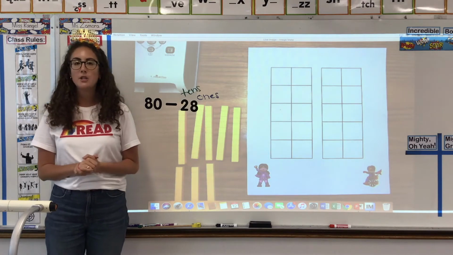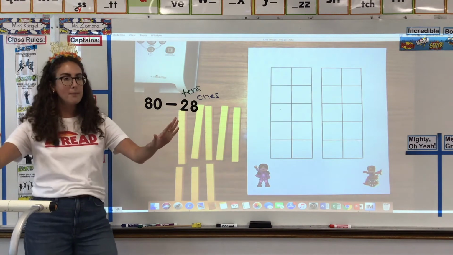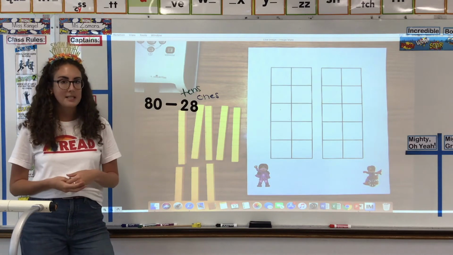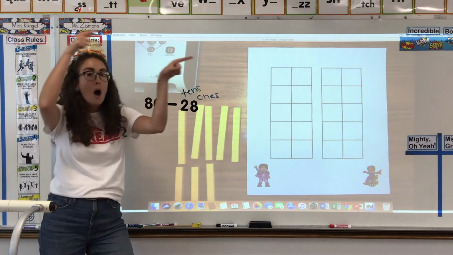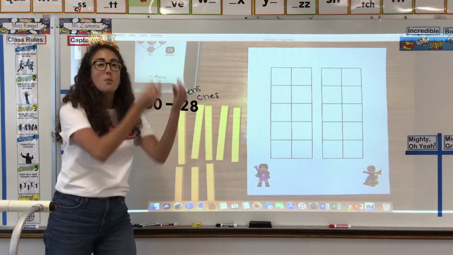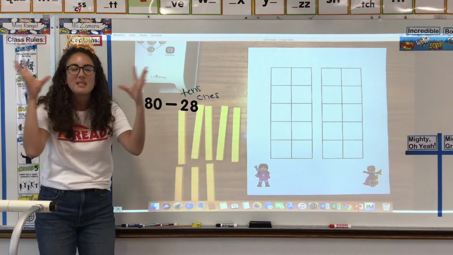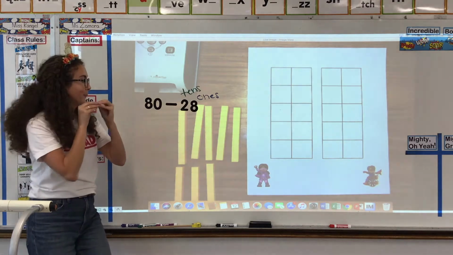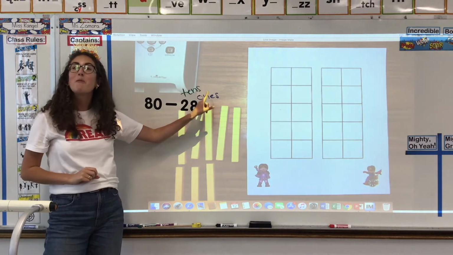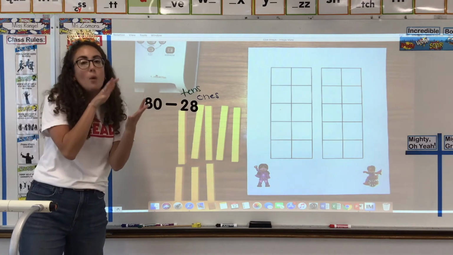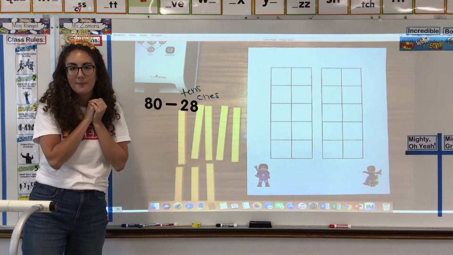So let's see how we're going to do that. Remember, my friends, where do we always start subtracting from? The smallest unit. So what are we going to start subtracting? Ones or tenths? What's the smallest unit? The ones. We're going to start subtracting the ones first because we always start with the smallest unit.